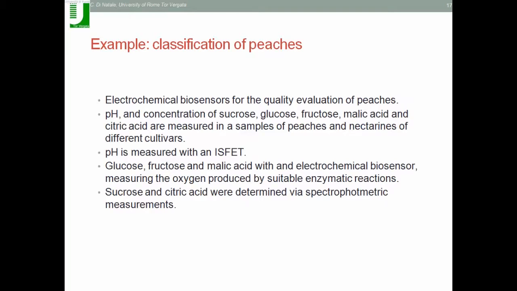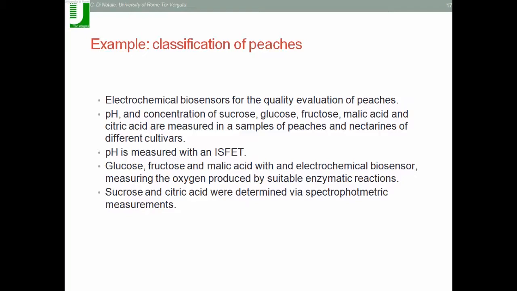Okay, let's see an example of this. This is a very simple experiment, well, very simple. It's an experiment in food analysis, and this is an example where we have a number of different cultivars of peaches and nectarines, the fruit, and some parameters are measured of these fruits: sugars, sucrose, glucose, and fructose, and acids, malic and citric acid, and the pH.